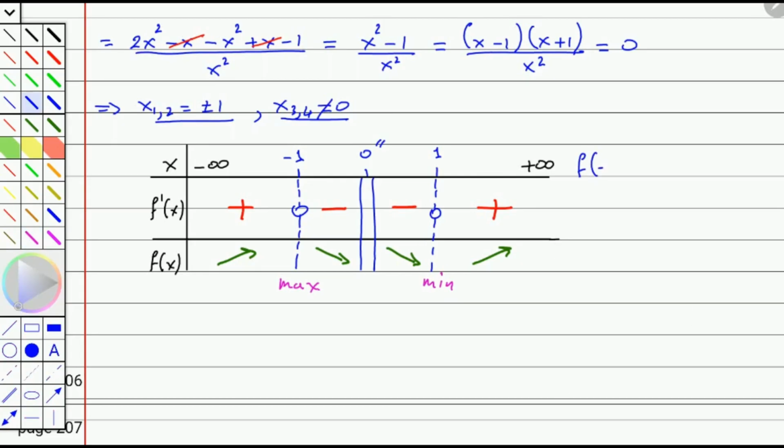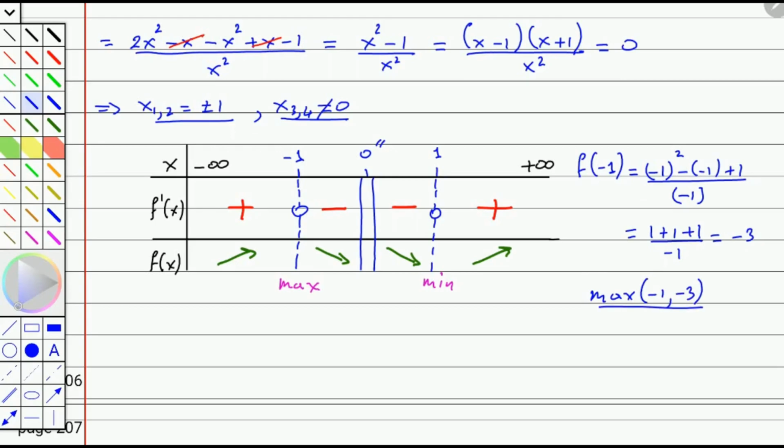So f of -1 is going to be (-1) squared minus (-1) plus 1, divided by -1. This is equal to 1 plus 1 plus 1 over -1, so this will give us -3. So the maximum will be (-1, -3).